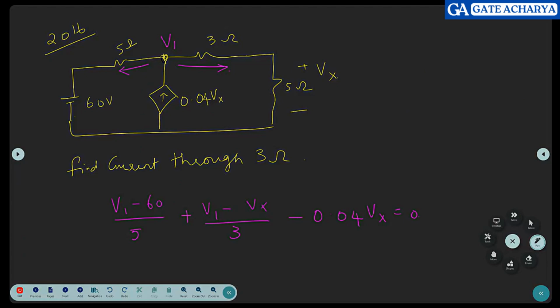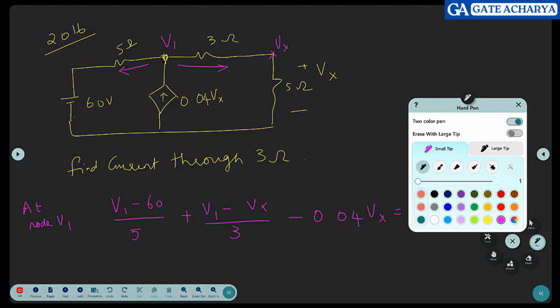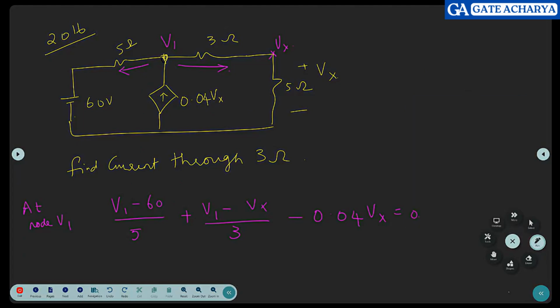And how about a node here? What is this node called? Vx node. Right, for Vx also. This is at node V1. What we are writing here is currents leaving the node equal to 0.